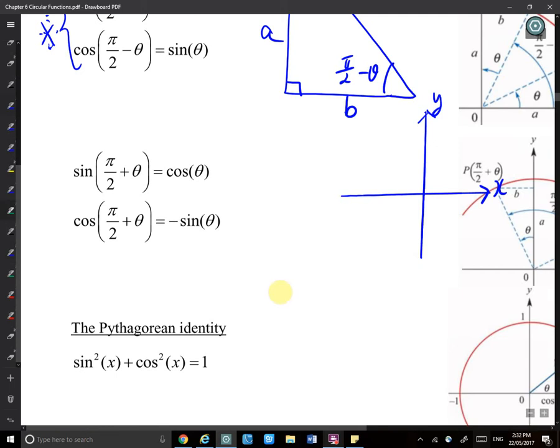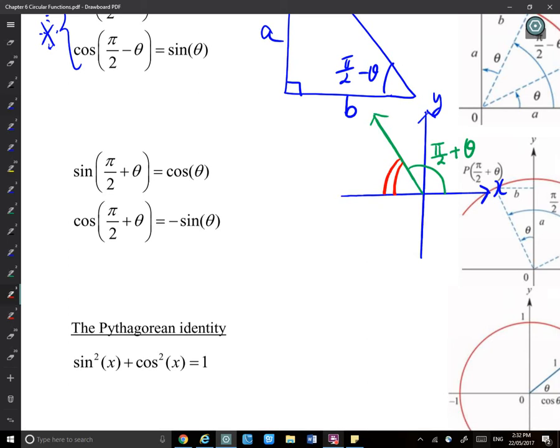If you have that in the second quadrant, we have this angle here. That is pi over 2 plus theta. This will still be the reference angle. How large is that angle? In total it is pi, and that angle is pi over 2 plus theta.